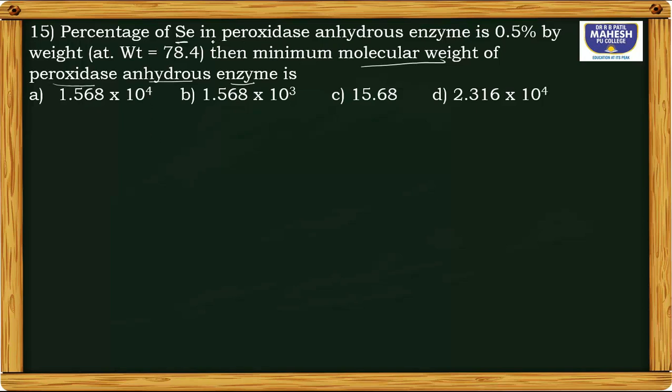So from this statement, what is clear? 100 gram of enzyme contains 0.5 gram of selenium. How? Because when I say percentage, it is always with respect to 100 only. Now, 78.4 gram of selenium is present in how much mass of enzyme?